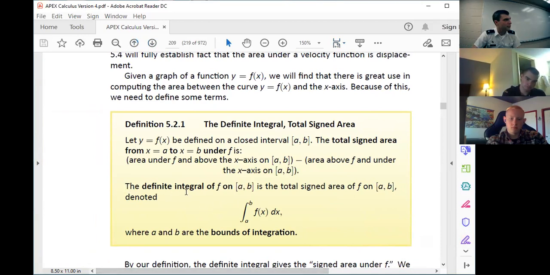The definite integral of f. And I'm going to talk about the definite integral using this notation right here. The definite integral of f talks about the total signed area. All the area above the x-axis is positive. All the area below the x-axis counts as negative area. The integral is talking about the total signed area.